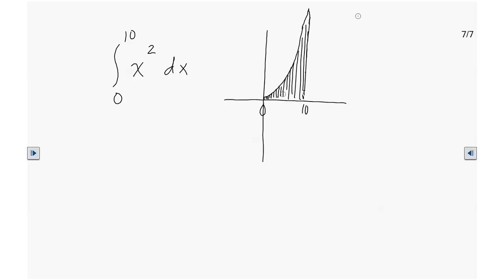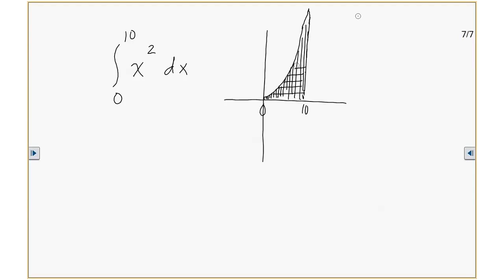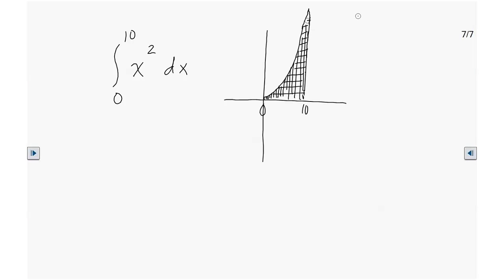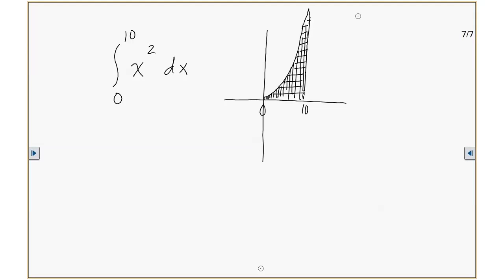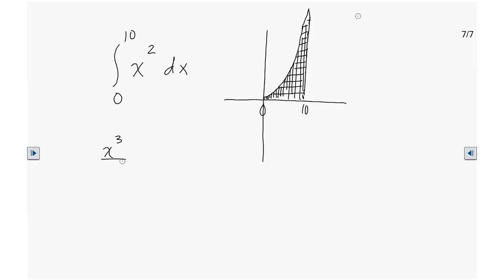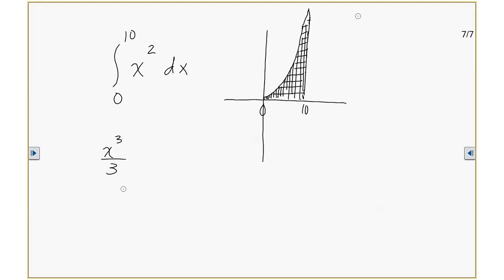We're going to find this area from 0 to 10. So that's going to be x to the third over 3, evaluated at 0 and 10.